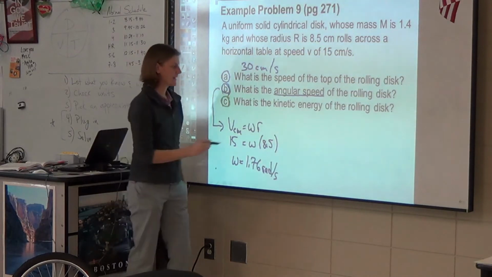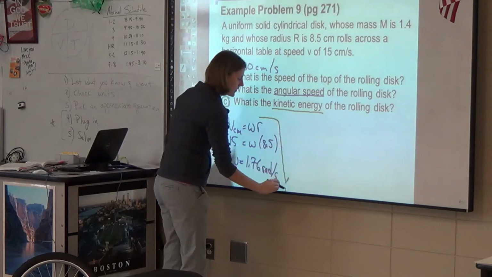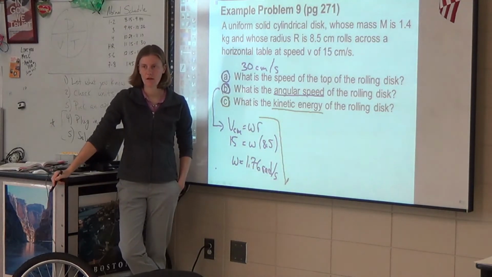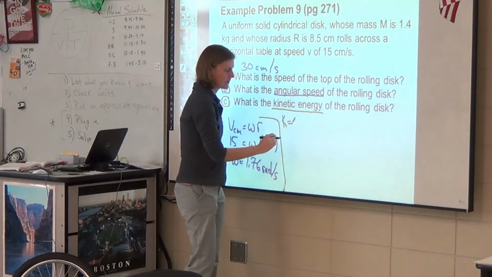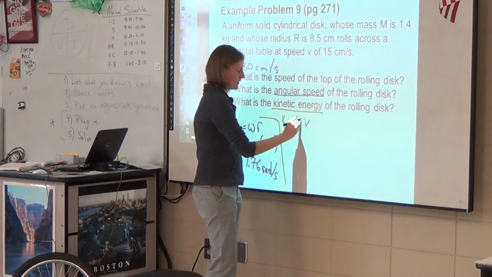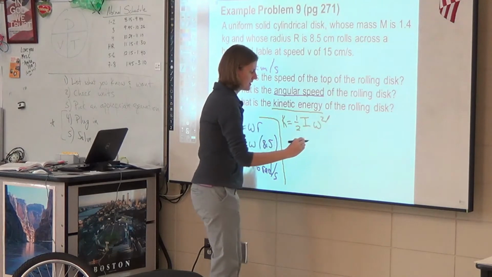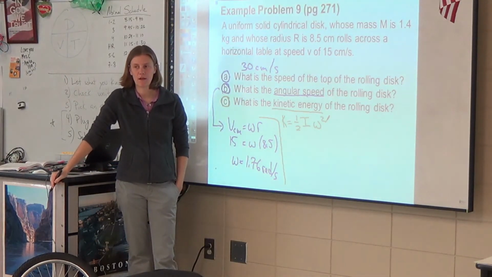Okay, and then C. What is the kinetic energy of the rolling disk? What would I need to know there? I would need to know the moment of inertia. So what's that formula? That's 1/2 I omega squared. Is it just rolling? That was not the question.